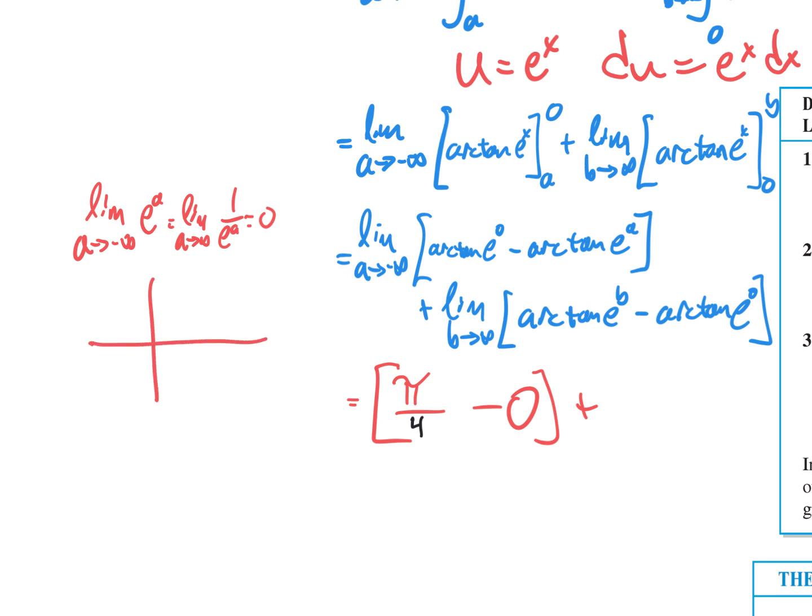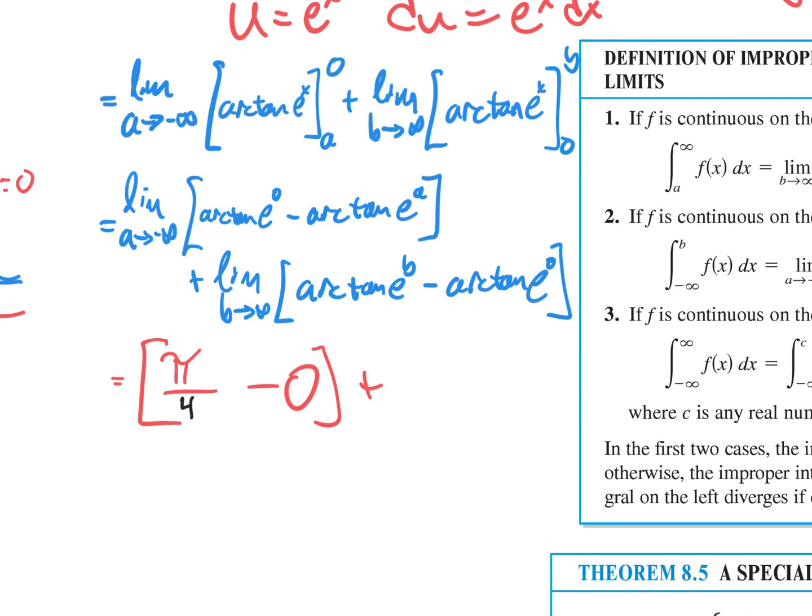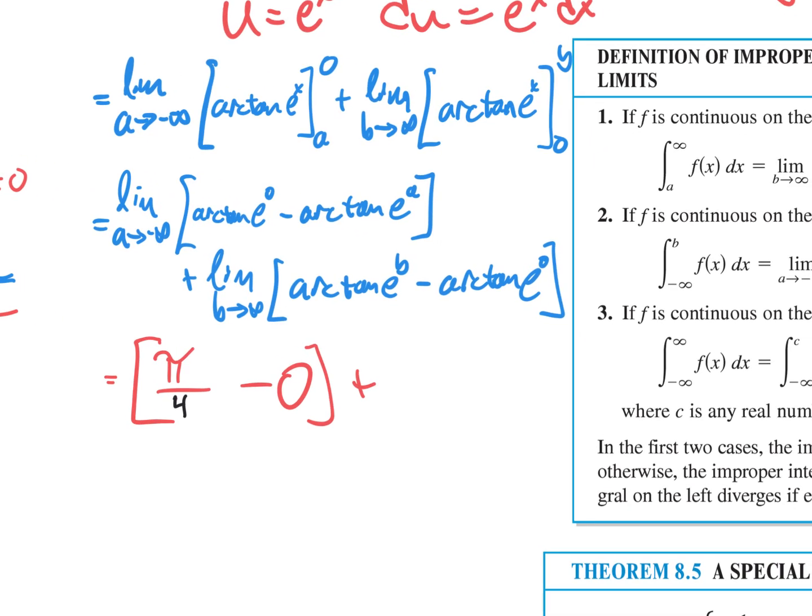The graph of arctangent looks like this. It has 2 horizontal asymptotes, at pi over 2. The limit of arctan as this goes to infinity is pi over 2.